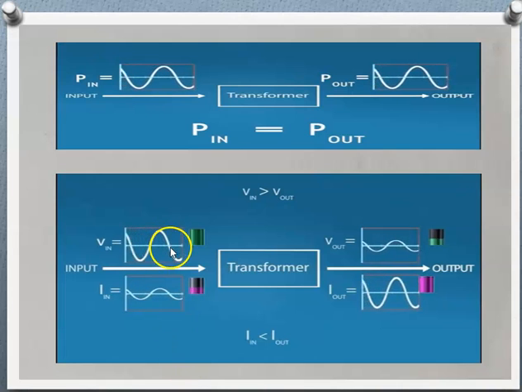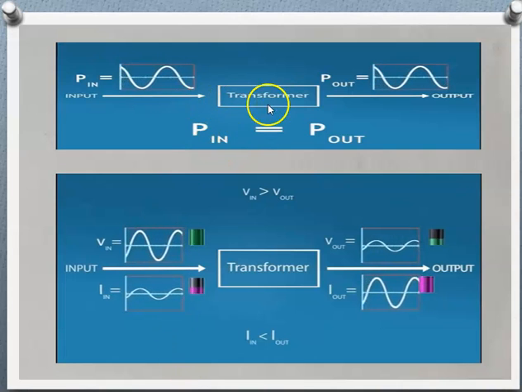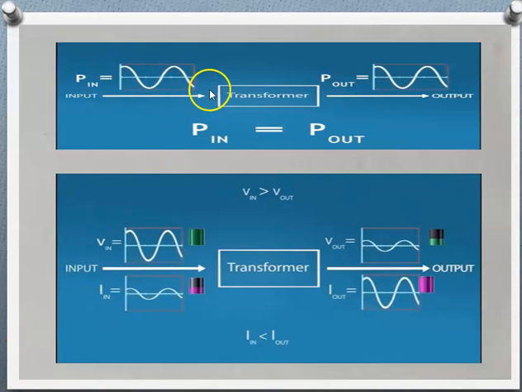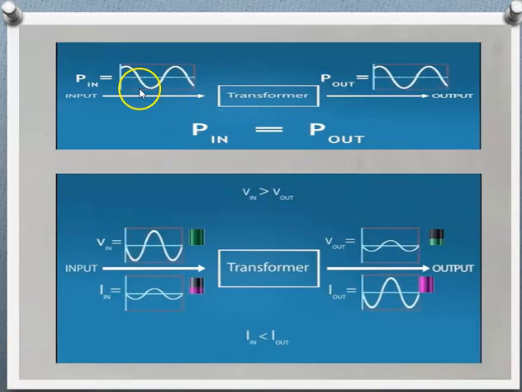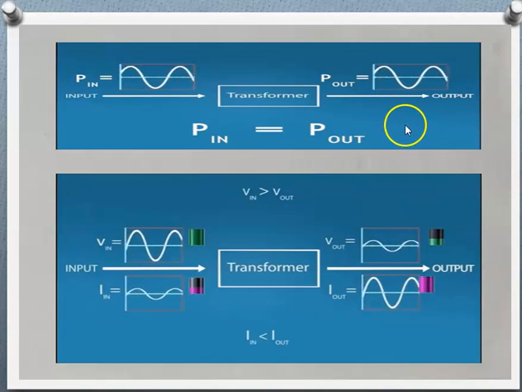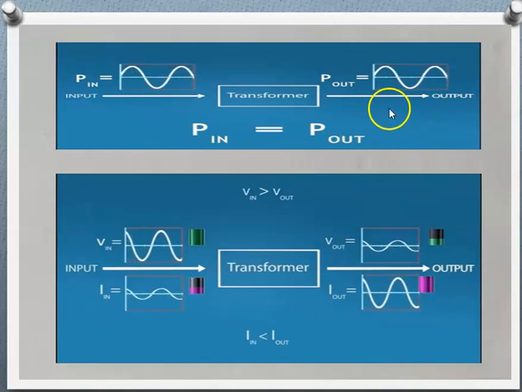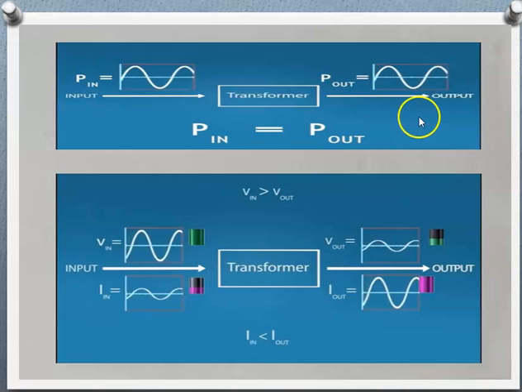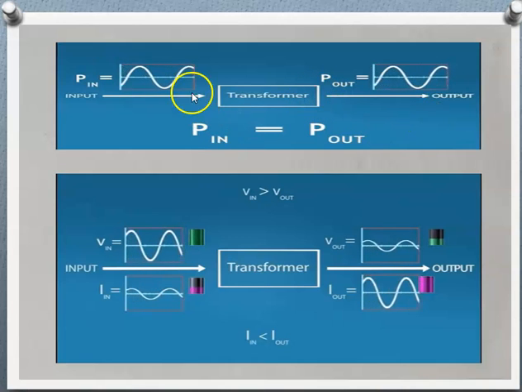See here, the transformer is a constant power device. That means P input is equal to P output: input power is equal to output power if we neglect the losses in the transformer.